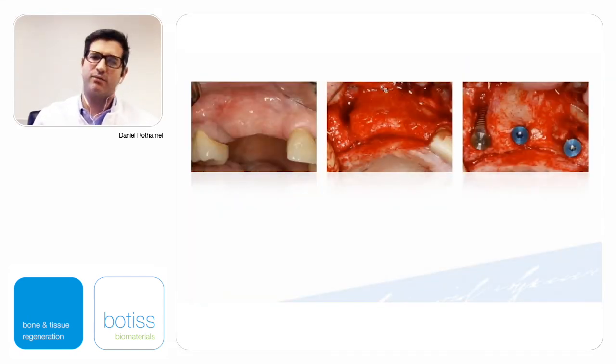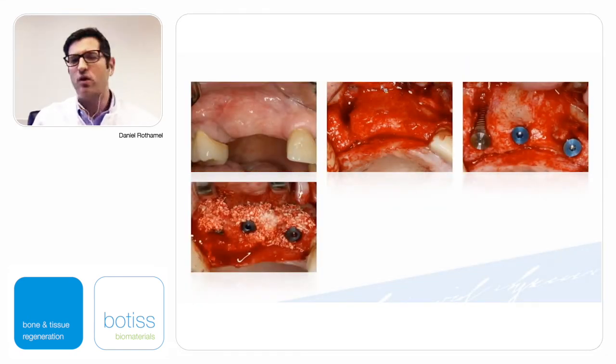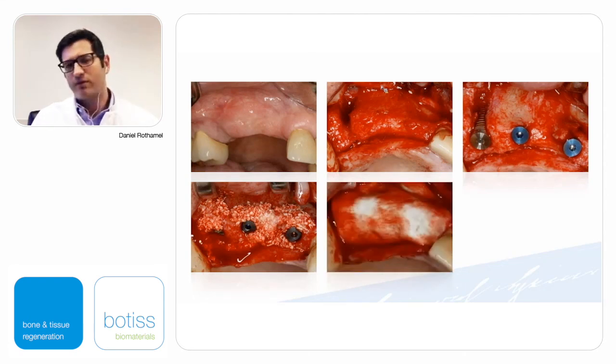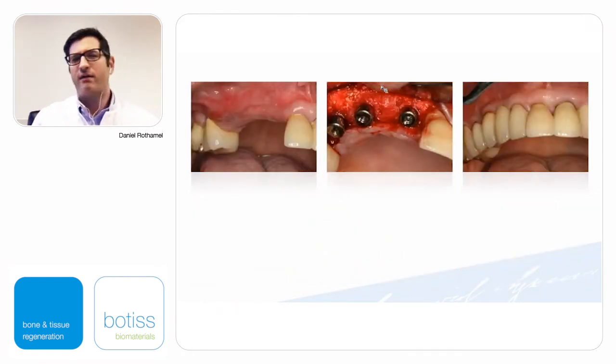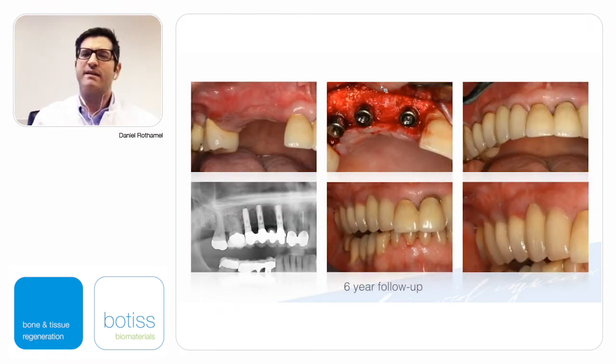Or even for lateral large augmentations, we can use the autogenous bone in combination with some Cerabone, some volume stable particles for the lateral augmentation. We use a single layer of the Jason membrane for separation from the soft tissue closure, and at the re-entry after 4 months, we can still identify some area where we see the membrane.